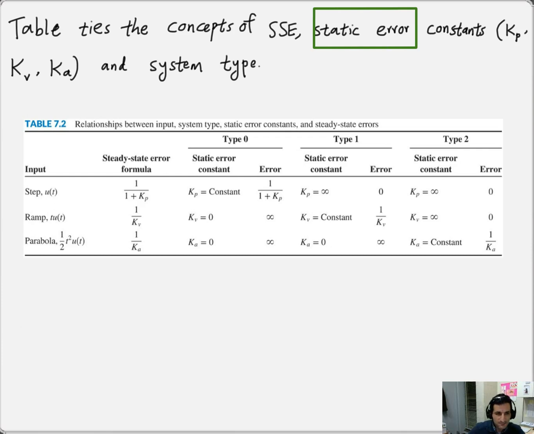Now, just to summarize what we have discussed so far, if you have a step input, the formula to calculate the steady state error is 1 over 1 plus Kp.